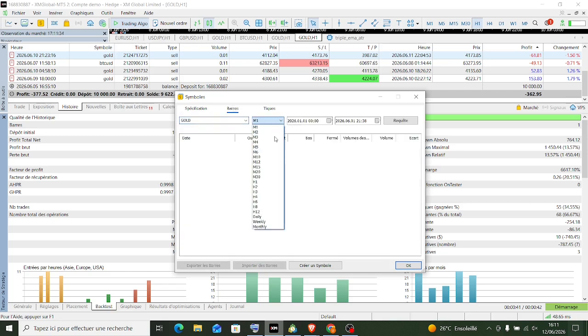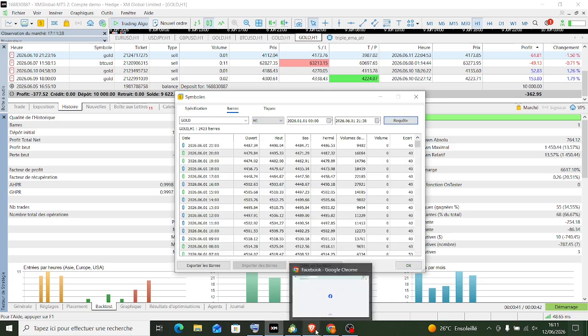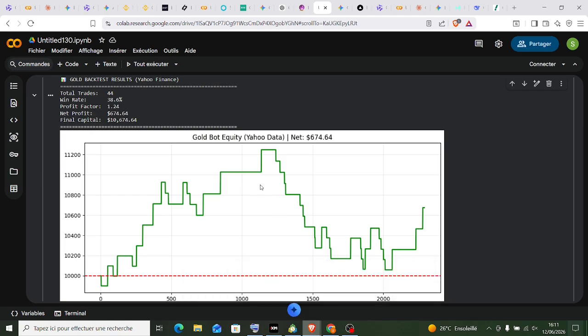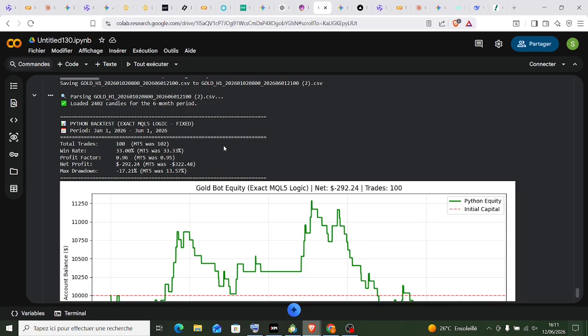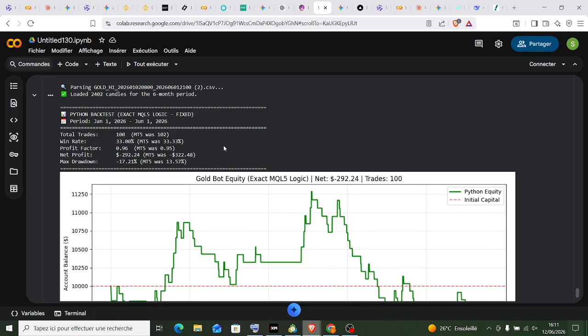I fed that exact CSV file into Python. This time, the results converged. Python found roughly 100 trades, a win rate in the mid-30s, and a profit factor right around 0.95. The logic finally matched.